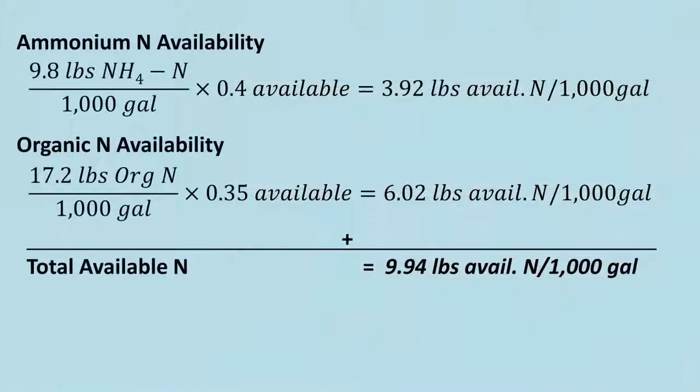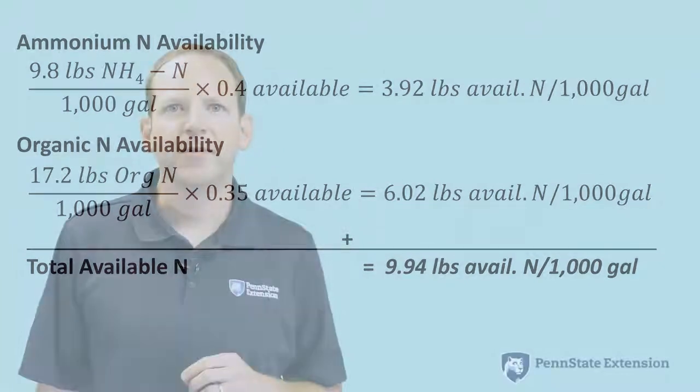We multiply these availability factors by the ammonium N and organic N content of the manure to get the available N. There will be 3.92 pounds of available ammonium in the manure and 6.02 pounds of available organic N, for a total of 9.94 pounds of available N. This is the amount of available N in the manure that we would use when calculating a manure application rate to meet the net crop requirement.